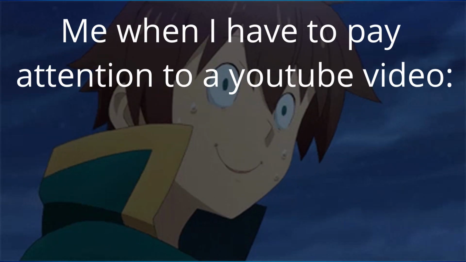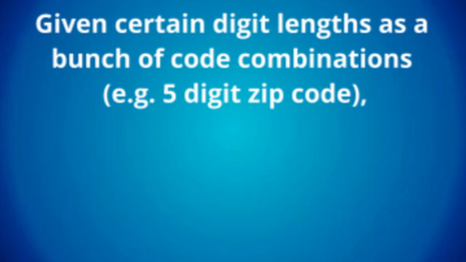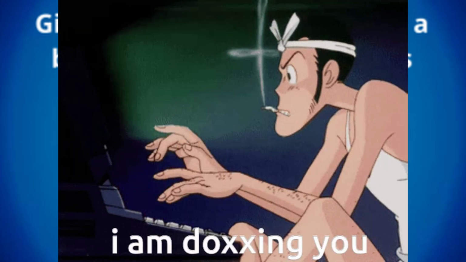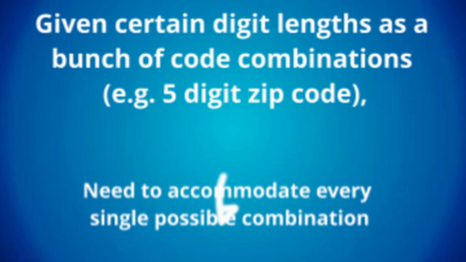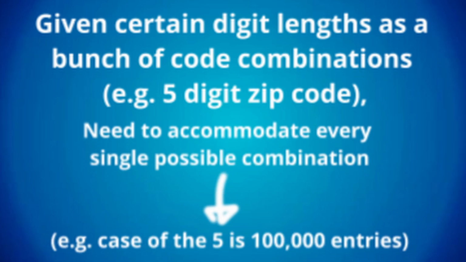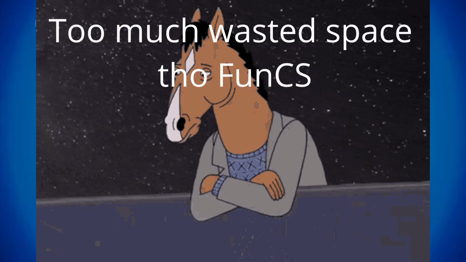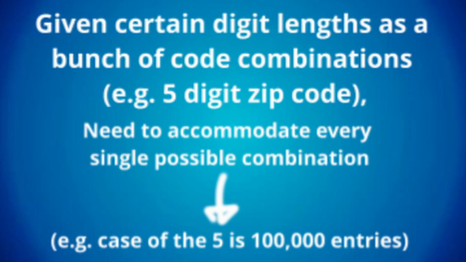As an example, let's say you're given certain digit lengths as a bunch of code combinations, like a 5-digit zip code. What would be the total number of entries in that whole lookup table? It would be 100,000 entries, because we have to accommodate every single possible combination of the 5 digits.